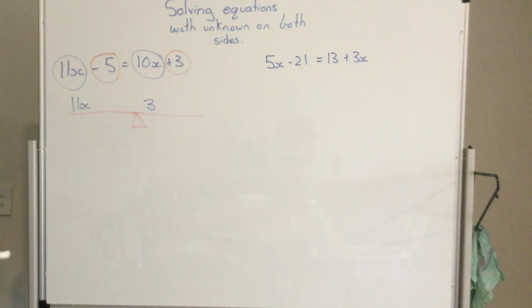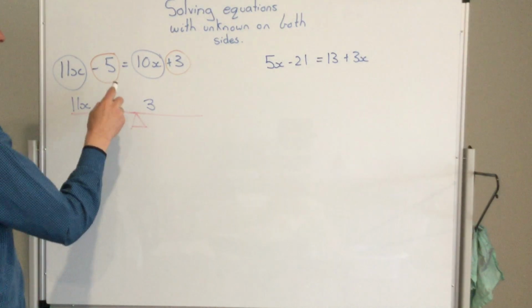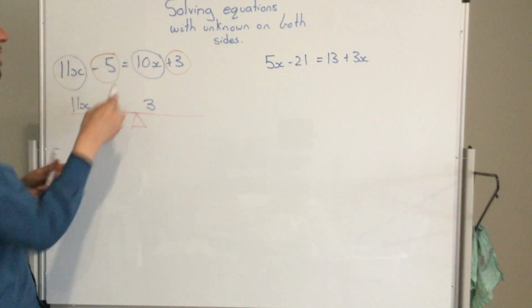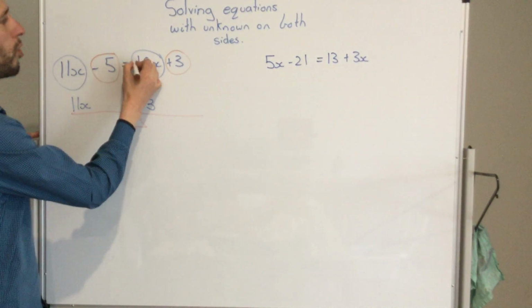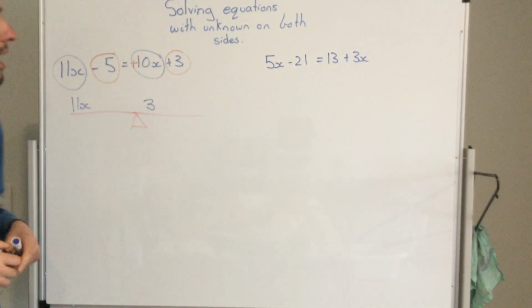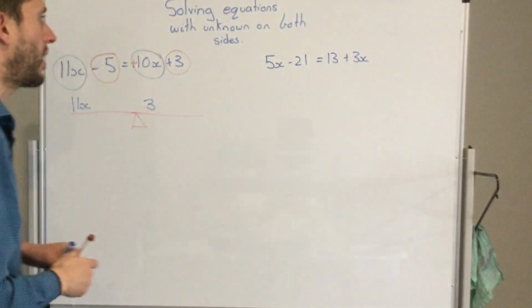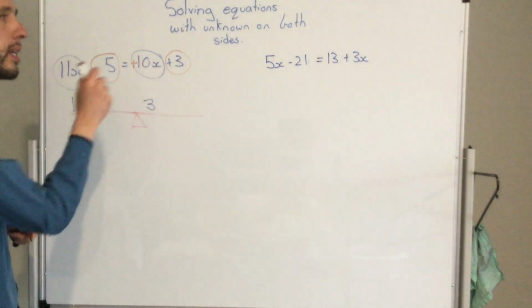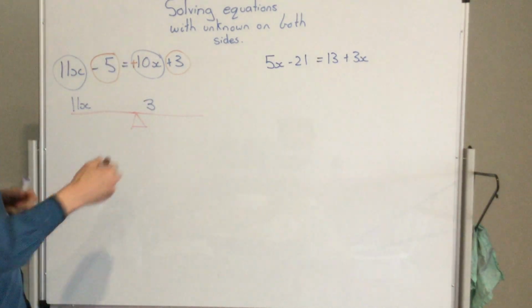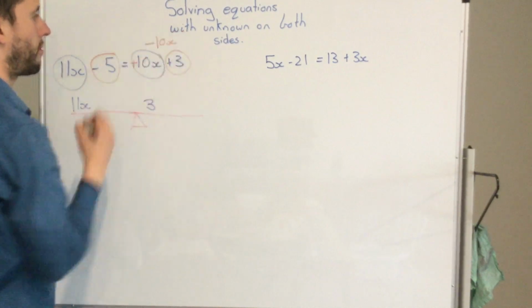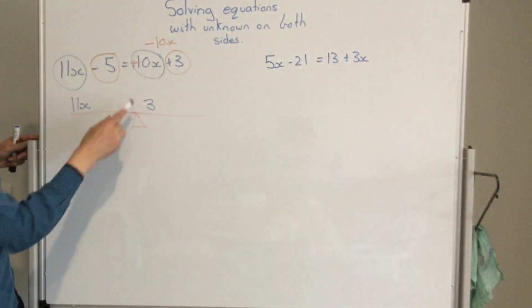The first thing I'm going to be doing is getting this 10x onto this side. So this 10x, we can also say is a positive 10x. So I'm plussing 10x. What's the opposite of plus 10x? I want this to be completely gone. Minus 10x. So if I have minus 10x on this side, 10x minus 10x equals 0.